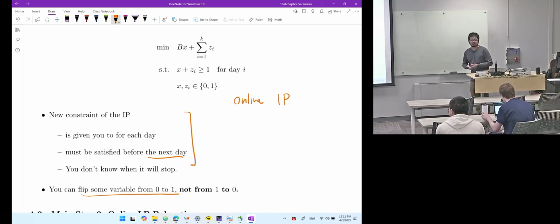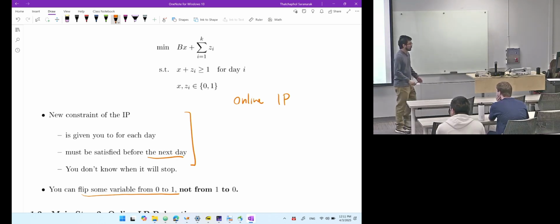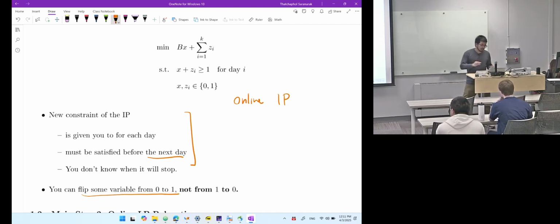And next is to relax, right? We're just going to throw away the integrality constraint here, and we just allow it to be fractional. So that's the obvious thing to do in the offline setting. We just relax this to be at least 0.